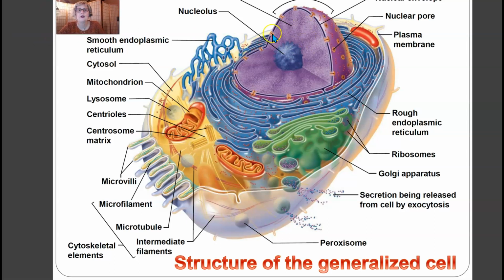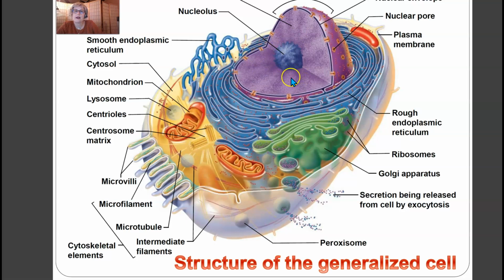The nucleolus is where we make ribosomes. Then we have the nuclear pore, which is the location in which the mRNA departs, and there are multiple nuclear pores. Don't forget the chromatin is made up of, guess what? DNA plus the histone protein.